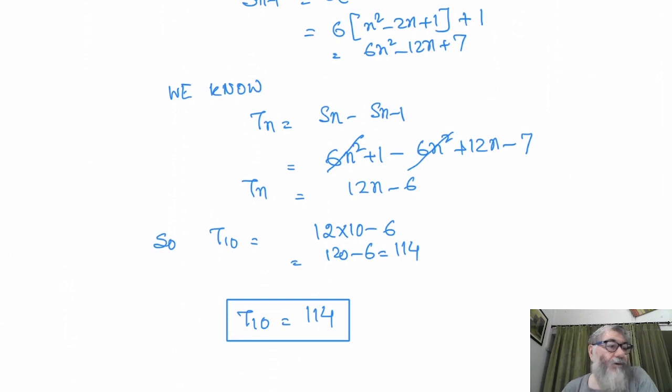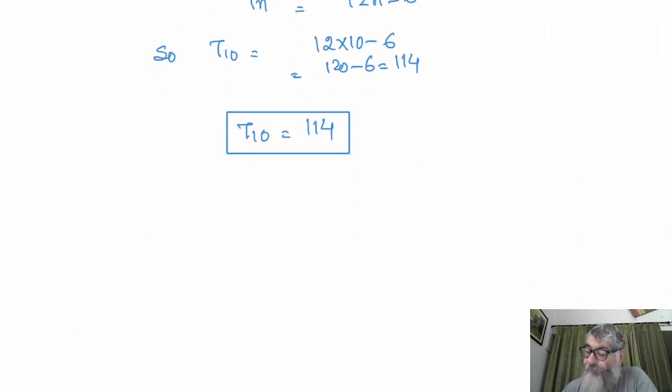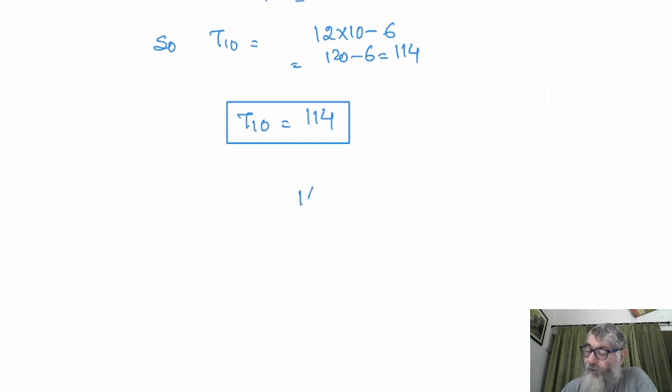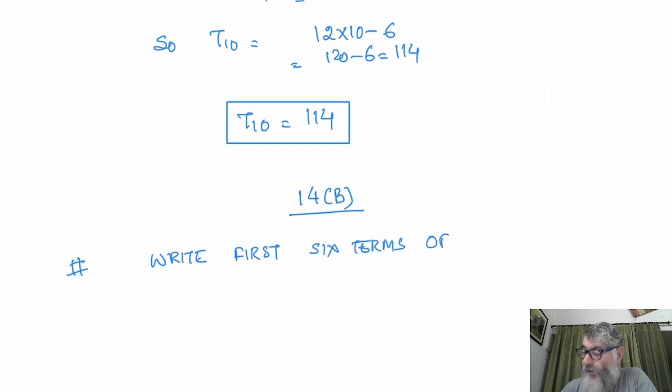Now we had already discussed, in exercise 14B he says write the first 6 terms of an AP in which A is x.